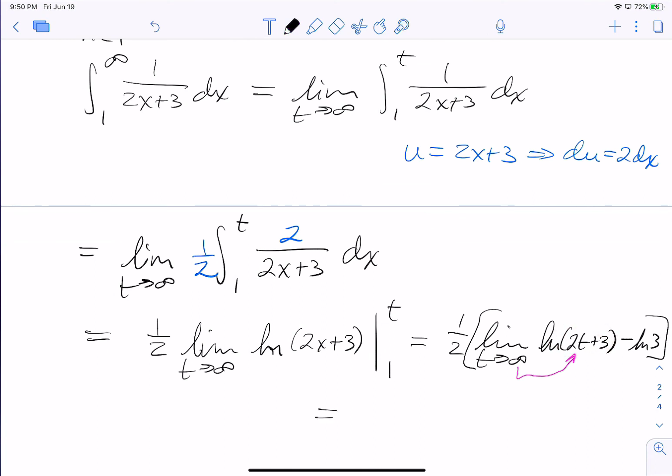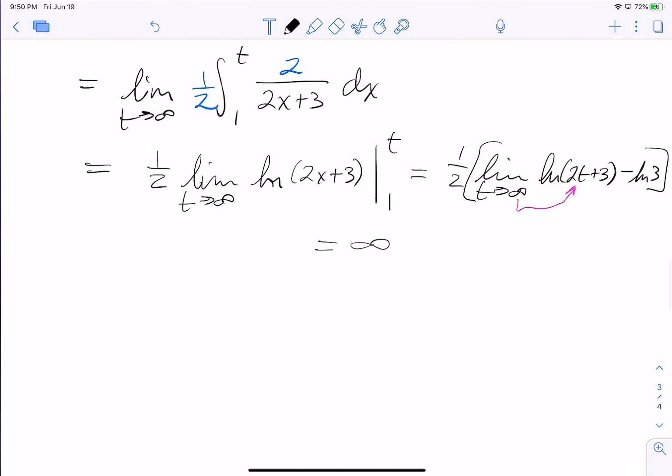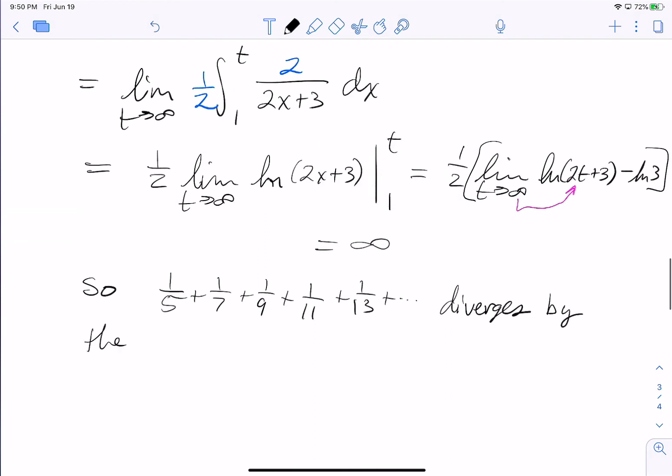Therefore, this integral evaluates to infinity. And since the integral is divergent, the sum 1/5 plus 1/7 plus 1/9 plus 1/11 plus 1/13 plus dot dot dot diverges. I'm going to write down by the integral test.